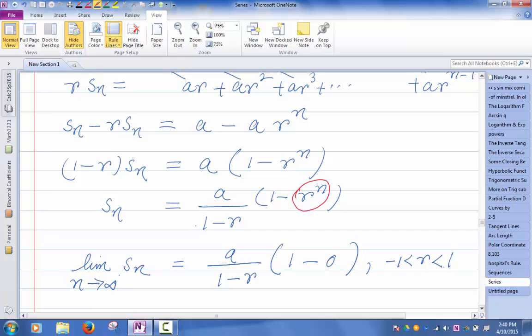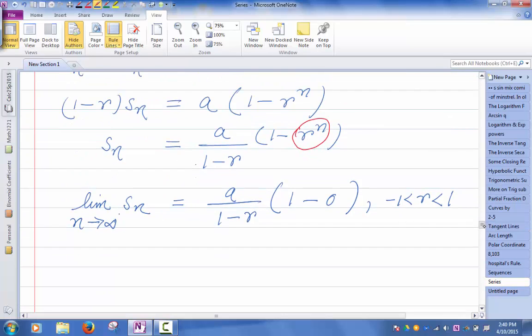However, if r is outside of this interval, then we know r to the n is divergent, right? Otherwise it is divergent if the absolute value of r is bigger than 1. It simply means that r is beyond the interval from -1 to 1.